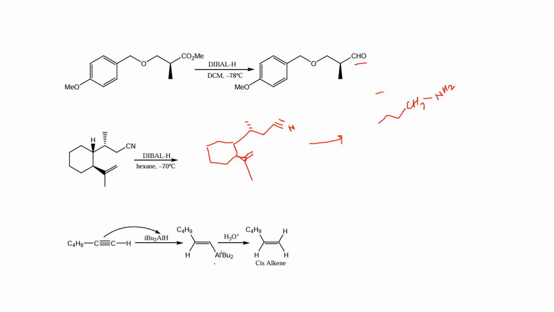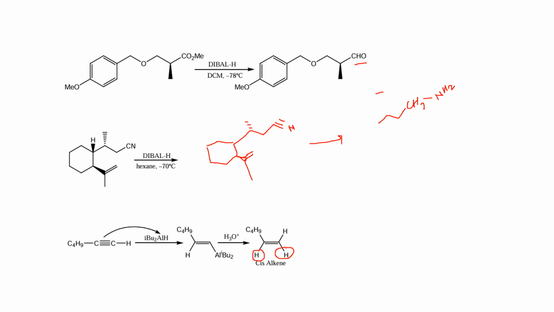Okay. If you add the same DIBAL-H to an alkyne, it will undergo a hydrometallation, and in the result through workup we will get a cis alkene. So the two hydrogens are added on the same side of this double bond. So if we add DIBAL-H to an alkyne, we will get a cis alkene.